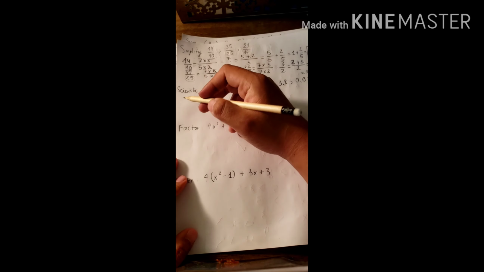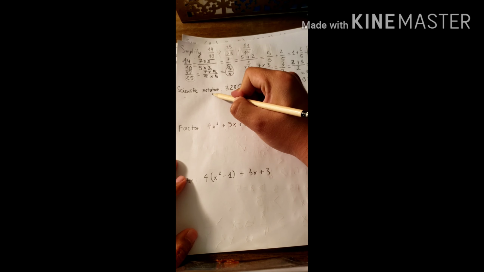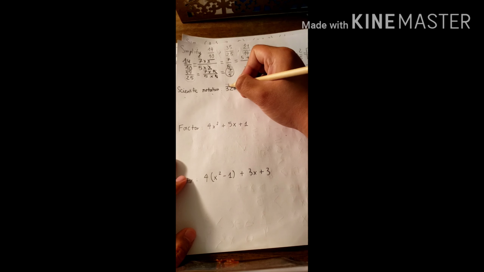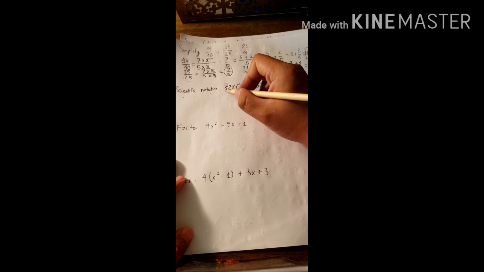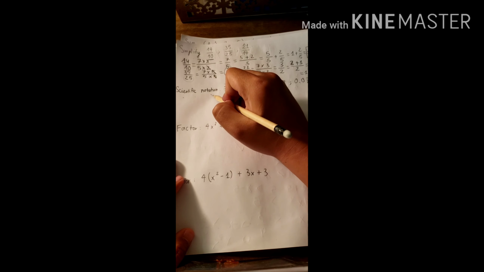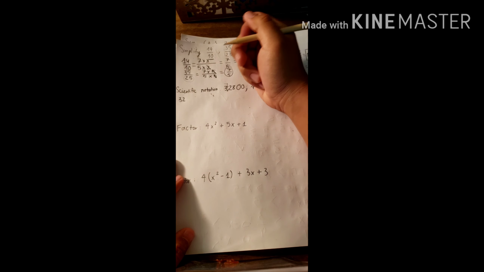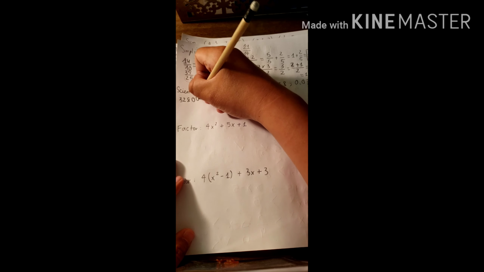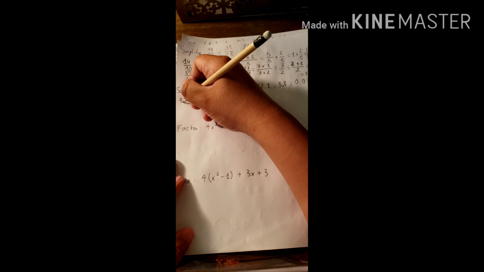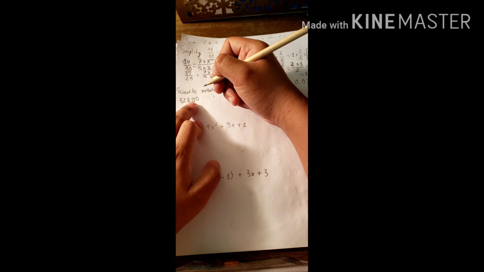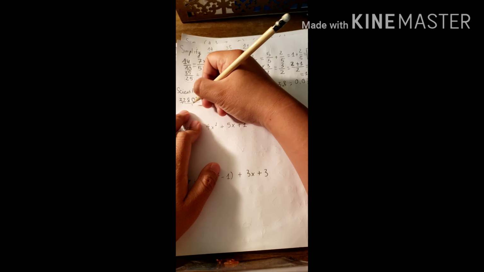The next one is about scientific notation. It means that we need to know how to put the decimal after the first number, so that it can be called scientific notation. First, we have 32,800. We need to put the decimal there, and we have 4 digits after it.